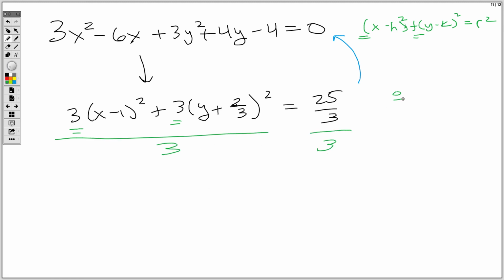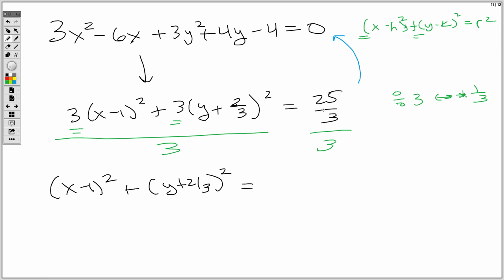And remember, when you divide by 3, that's the same as multiplying by a third. So if I take a third times the first quantity, I'm going to get x minus 1 squared plus y plus 2/3 squared. If I multiply 25 thirds times a third, that's 25/9.